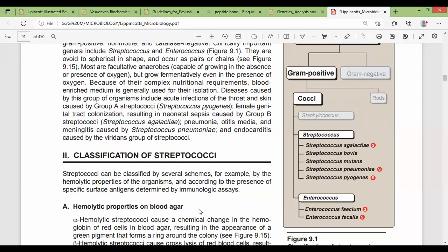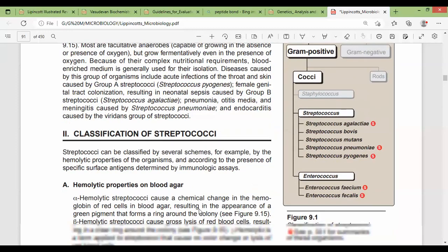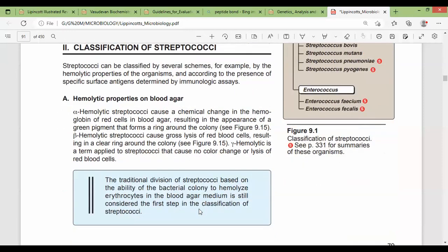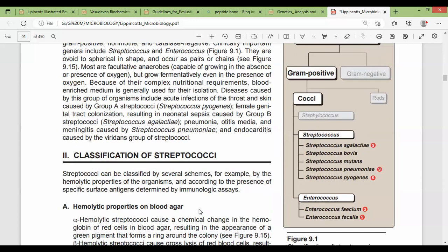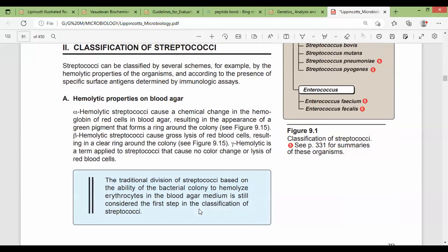We've already said it can also be called pneumococci or diplococci because it appears in pairs. So remember we just have three major ones: pyogenes, agalactiae, and pneumococci.